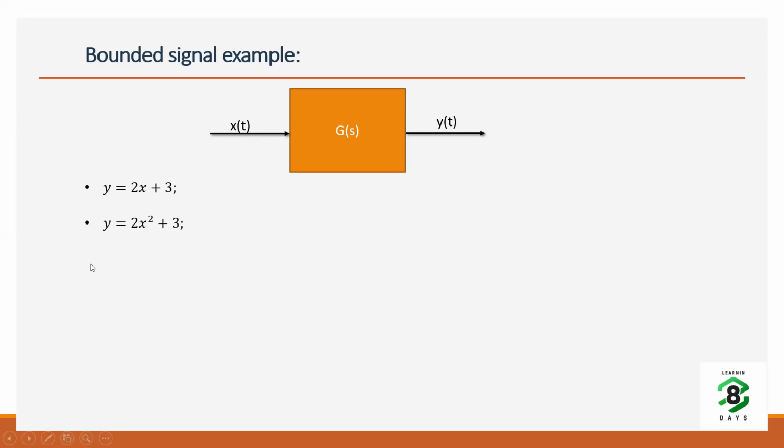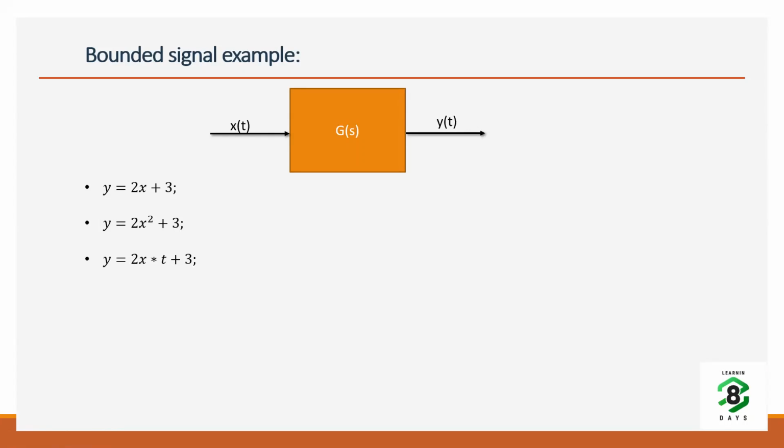What about this? The second term is also, I'm assuming, a bounded signal. But what happens if you add a term which is related to t? Even if x is a constant input, t keeps growing. As time progresses, the output is growing.